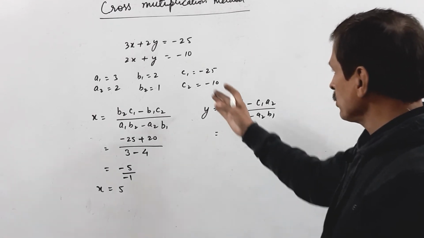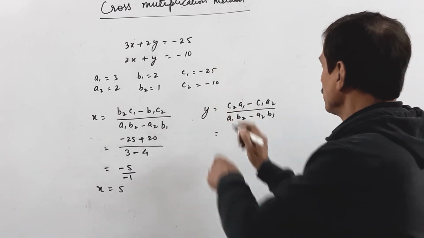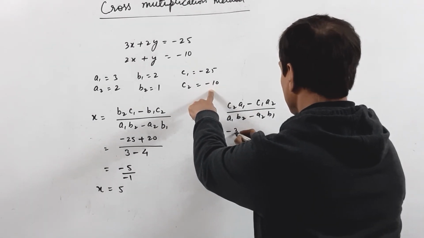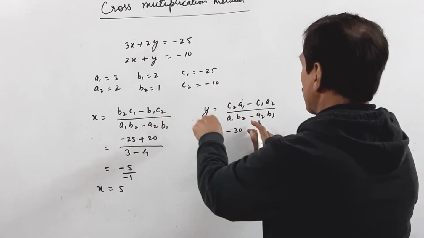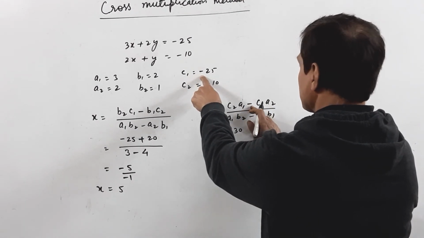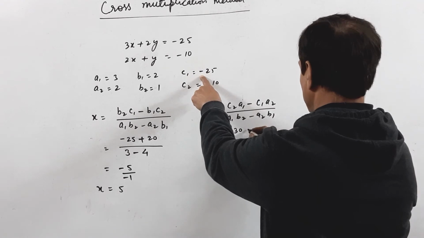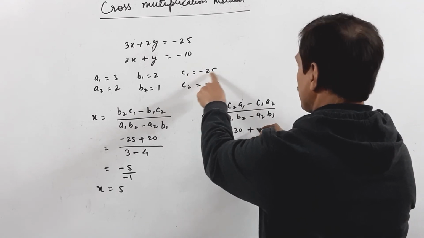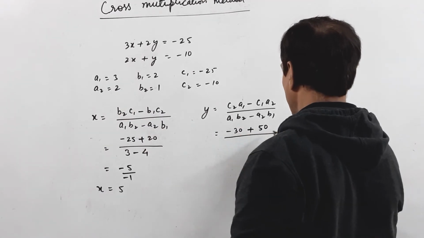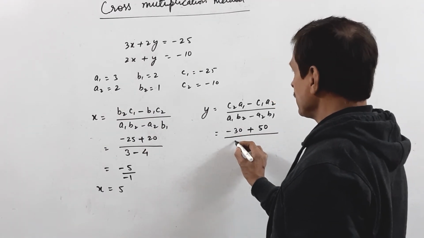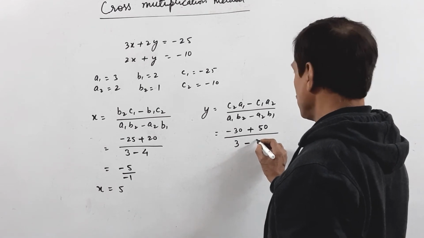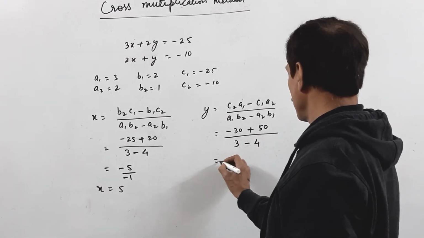We substitute the values. c2 is minus 10, a1 is 3, so that is minus 30, minus c1 a2, c1 is negative and the minus sign is here, so two negatives make positive, 25 into 2 is 50, upon a1 b2, that is 3, minus a2 b1, that is 4.